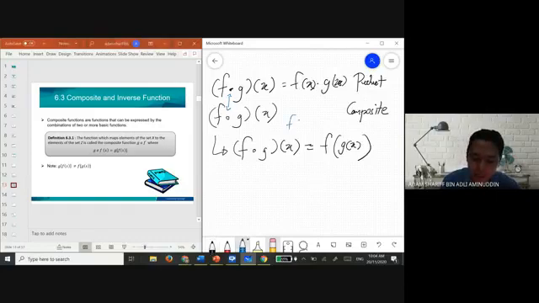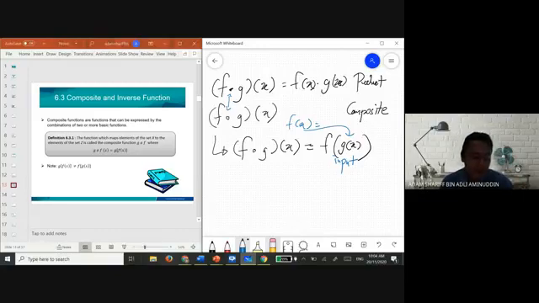Kalau Fx, inilah Fx, tak ada cara dah. Tapi sekarang ni bayangkan Gx ni becomes the whole input. Okay, itulah konsep fungsi gubahan atau composite function.